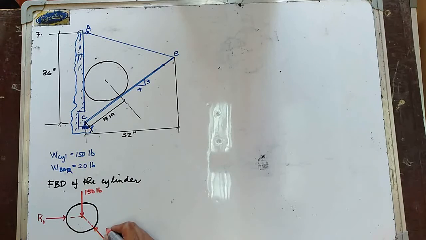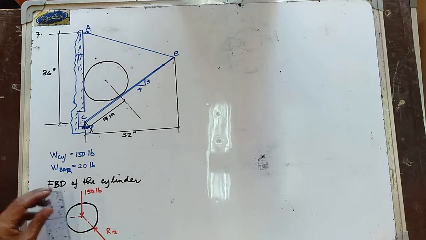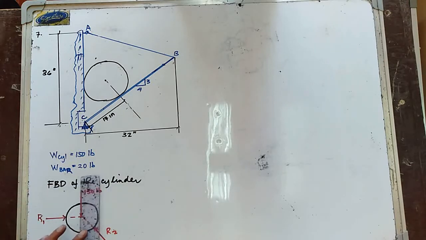So the slope of this R2 is 4 vertical and 3 horizontal.